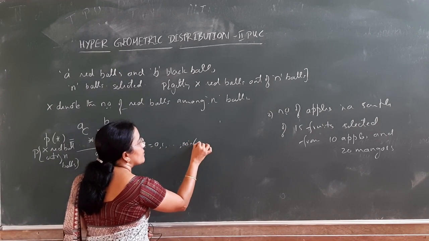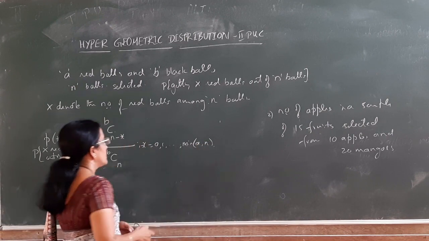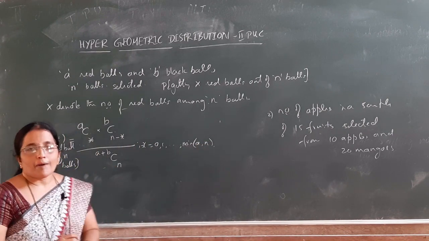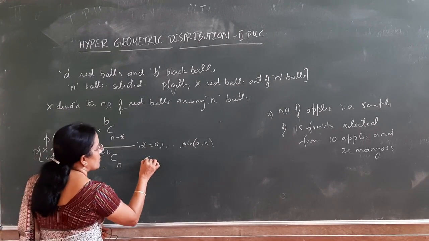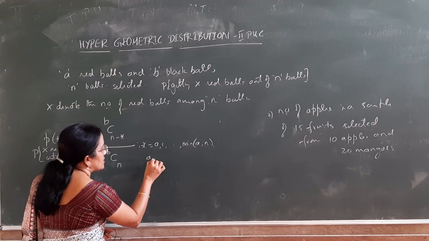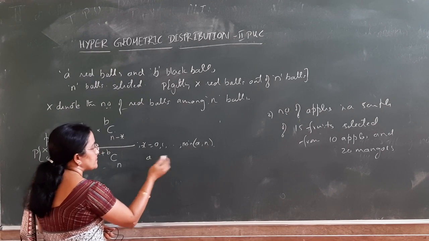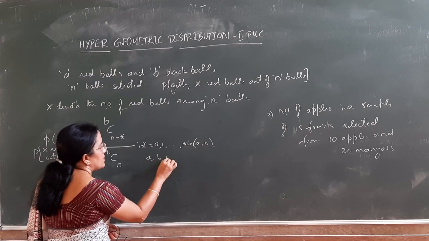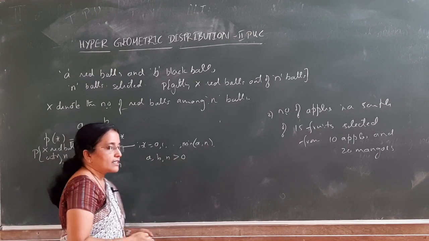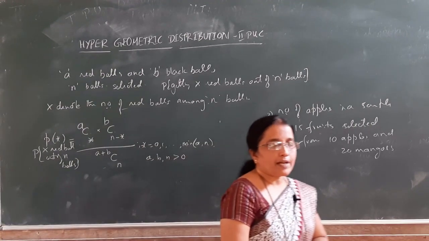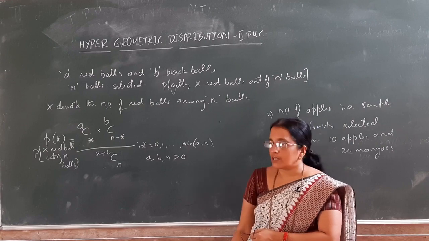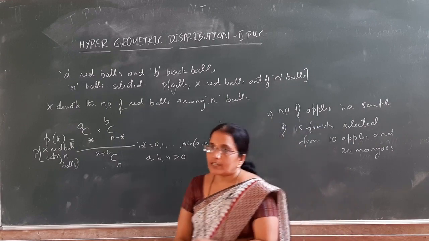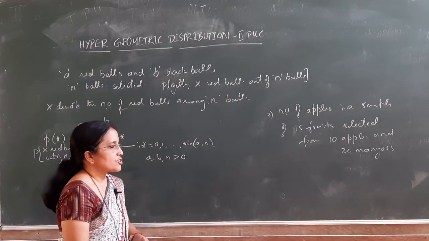This is called the probability mass function of a hypergeometric distribution. One more condition, called the parameter space: A, B and n must be greater than 0. The three parameters must be greater than 0. That is how we can write the probability mass function of a hypergeometric distribution.